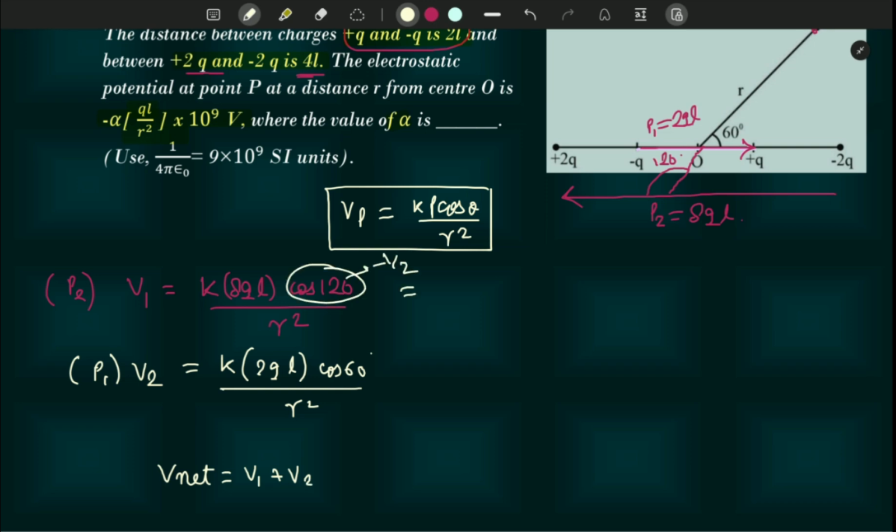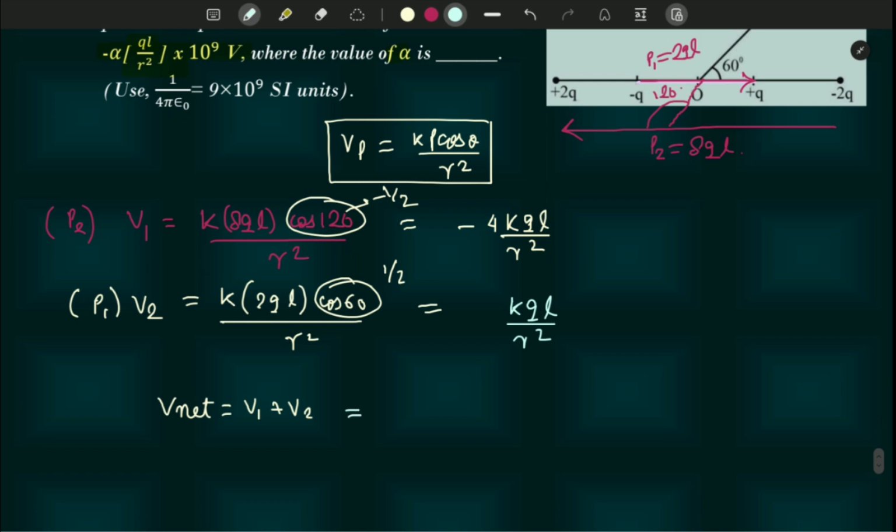So I will get minus 4kql by r square, and cos 60 again half, so I will get kql by r square. So ultimately V1 plus V2 is minus 4kql by r square plus kql by r square, so this is minus 3kql by r square.